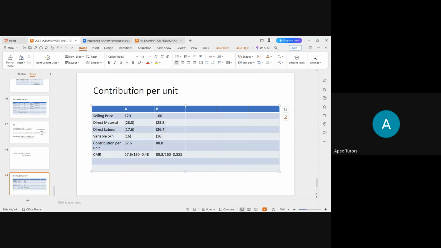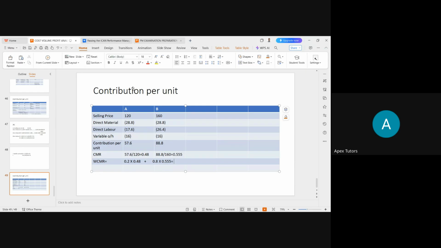So the weighted contribution margin ratio is 0.2 multiplied by 0.48 plus 0.8 multiplied by 0.55.